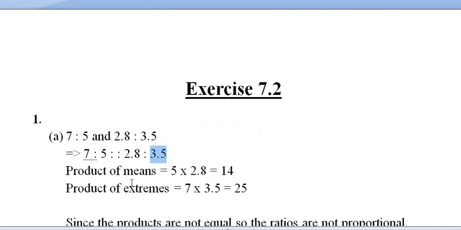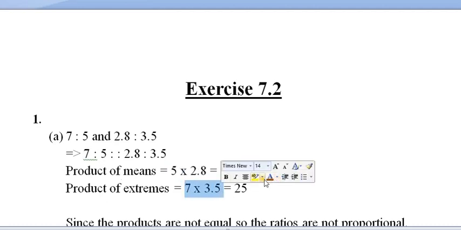So we have to find the product of means, that is 5 into 2.8, and the product of extremes, that is 7 and 3.5. Now you can see here that the products are different, isn't it?